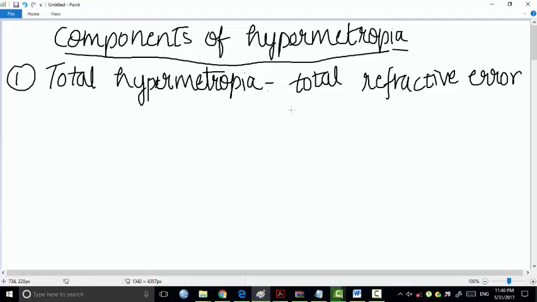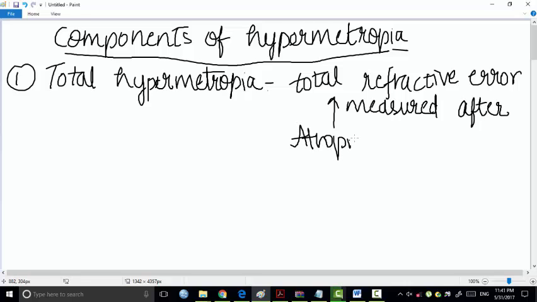Total refractive error which is measured after atropine administration, that is called total hypermetropia, right?